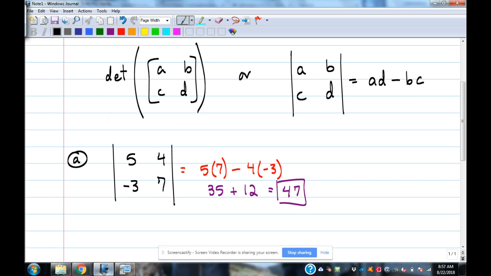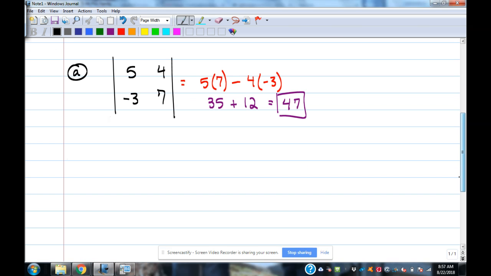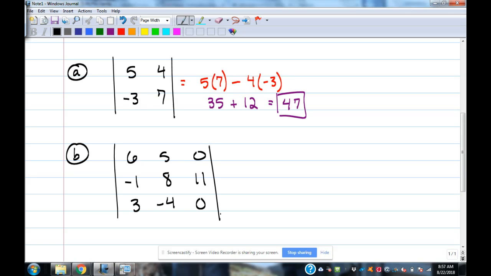Okay, so if we did a 3x3, let's say we had 6, 5, 0, -1, 8, 11, 3, -4, and 0 again.